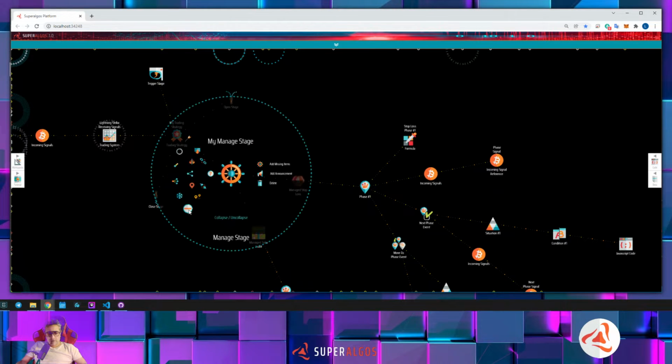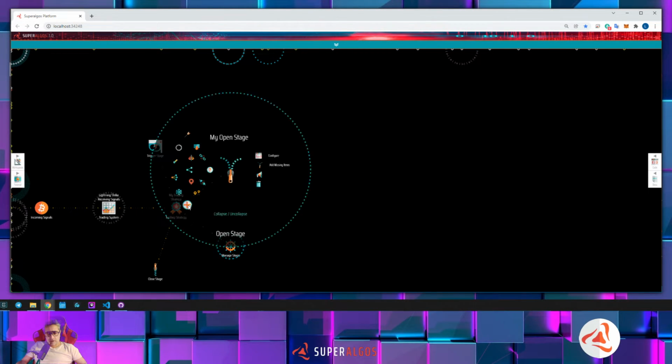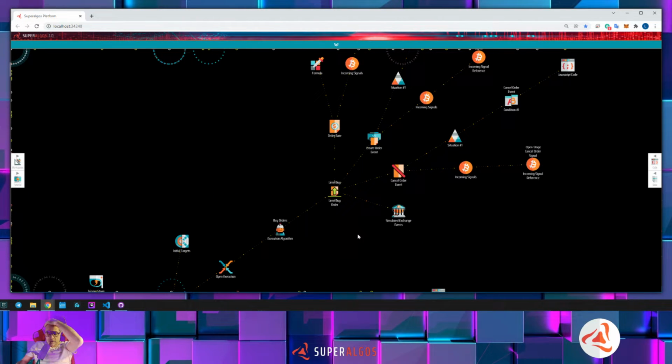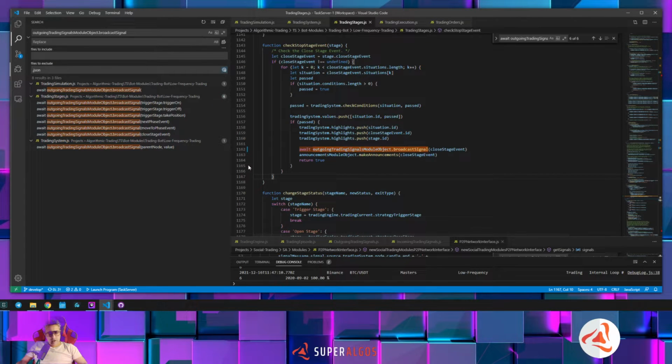I'm not talking about the manage, but these events: open, create order event, and cancel order event. These are not broadcasted. There is no broadcast signal anywhere. Trading simulation, trigger on, trigger off, take position, next phase, move close, and trading system at the formula.